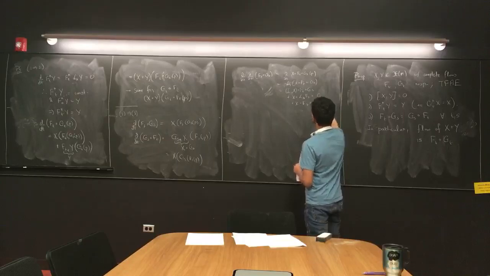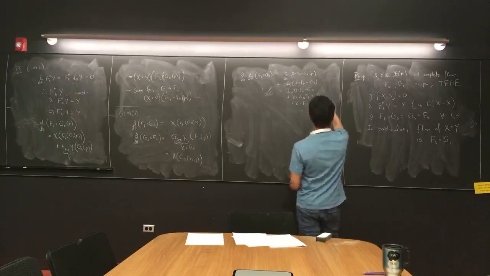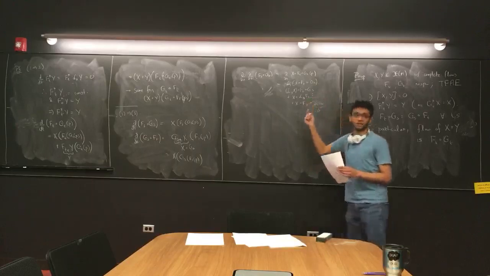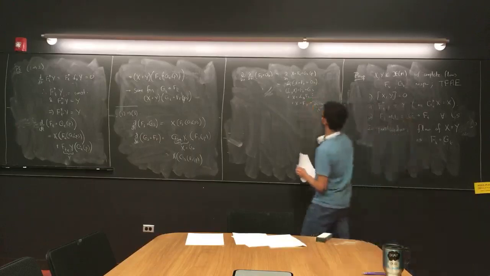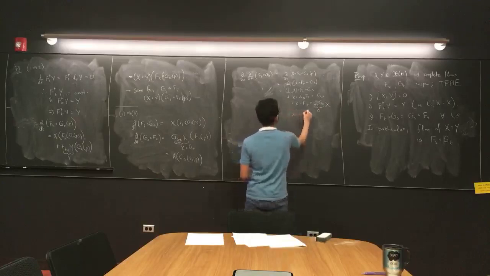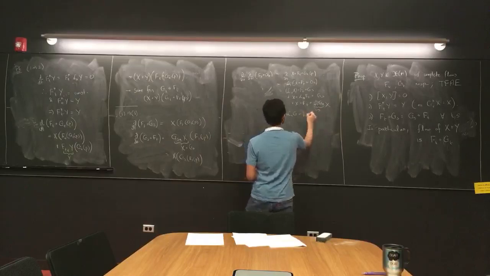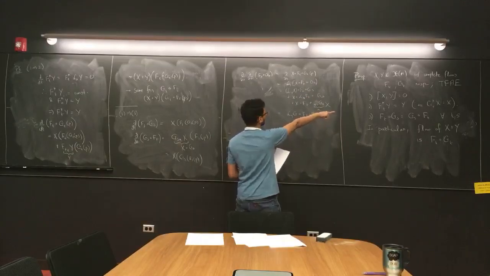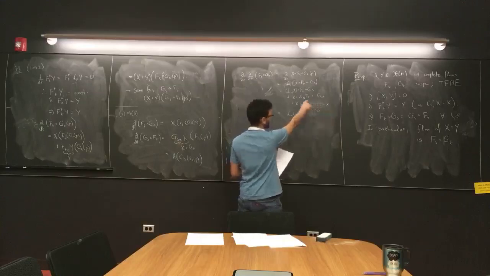The derivative of y with respect to g_s. Oh, no, wait, this is 0 because y is invariant under its own flow. So this term vanishes, and you have L_y x circ f_t circ g_s plus, this is by our hypothesis, is just y.